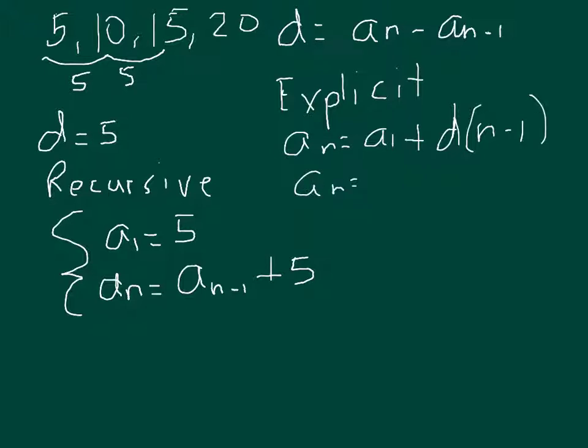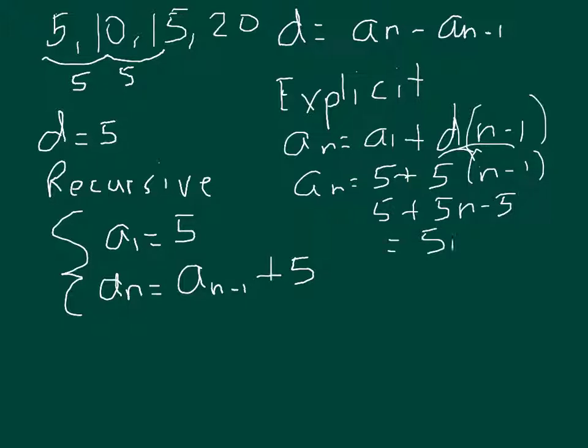You could say that the first term was 5 plus the common difference, which is the same thing as the slope of your line, remember, because arithmetic is linear, times n minus 1. And you could just simplify that by distributive property first. So that's going to be 5 plus 5n minus 5. And then if you combine like terms, 5 minus 5 goes to 0, and you're just left with 5n. So 5 times n is your explicit formula.